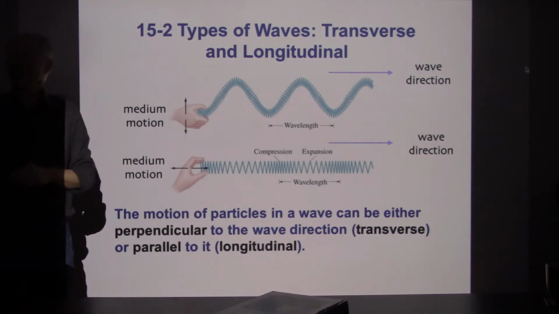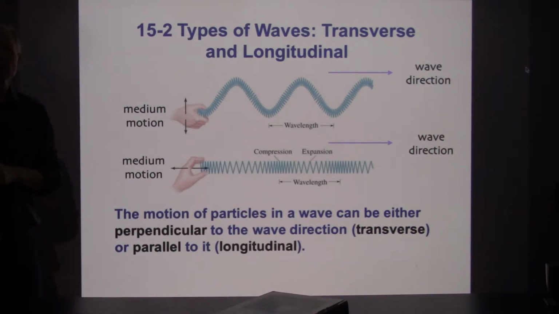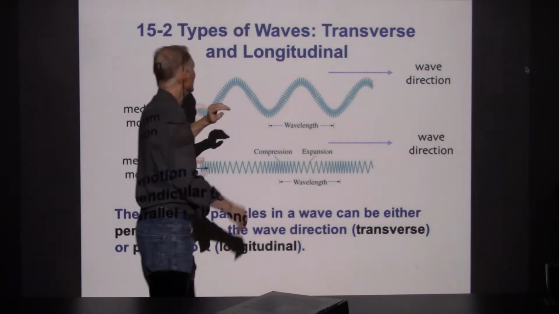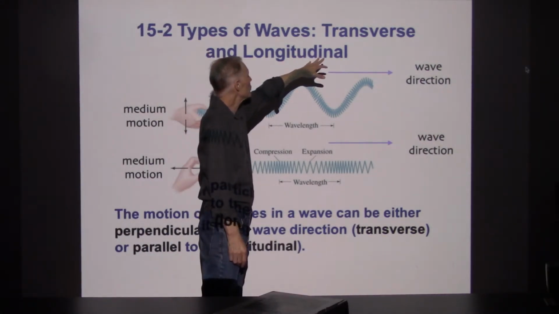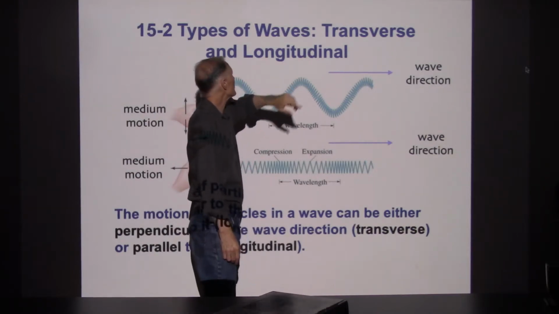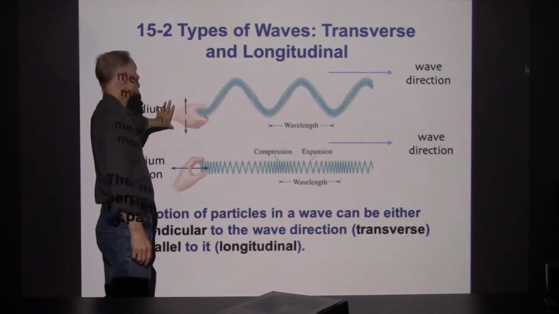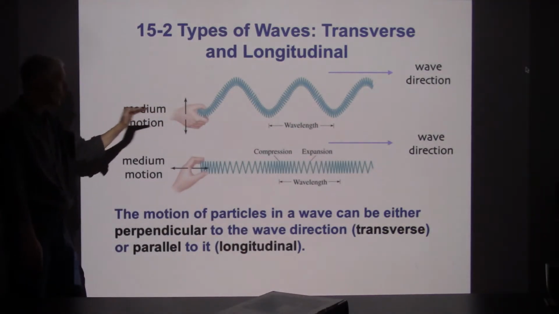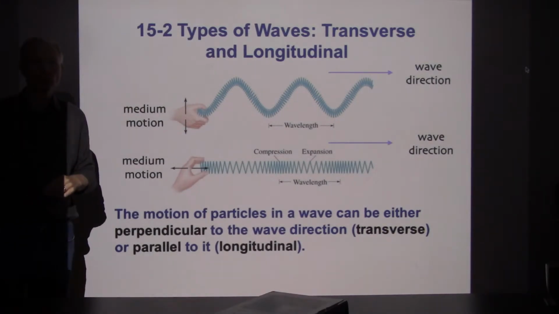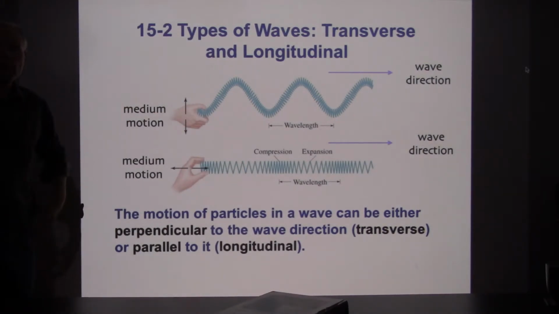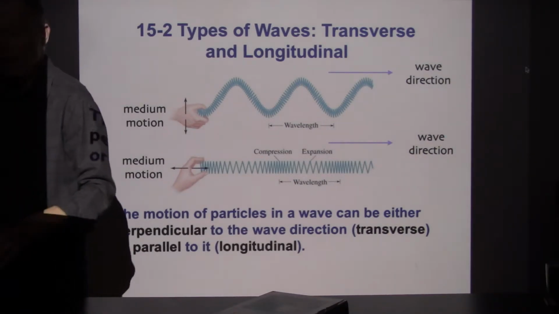And you go, why didn't they just call them perpendicular and parallel? But they don't. So you guys have to be ready to think in terms of the new vocabulary. Transverse is perpendicular wave motion. Longitudinal is parallel wave motion. Okay, so disturbances can propagate in these two different manners through a medium.